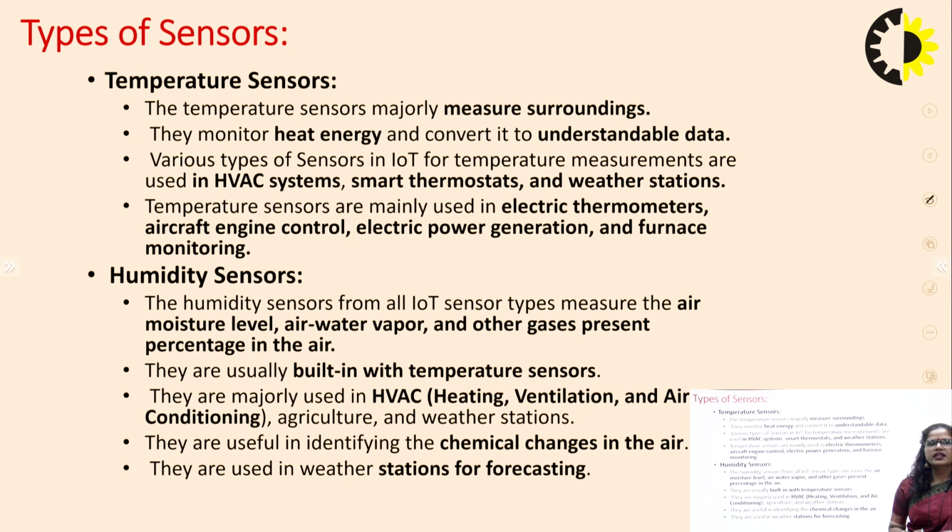They are useful in identifying chemical changes in the air. So if today's air is more polluted, we will definitely take some action against this situation, and these are also used in weather stations for forecasting.